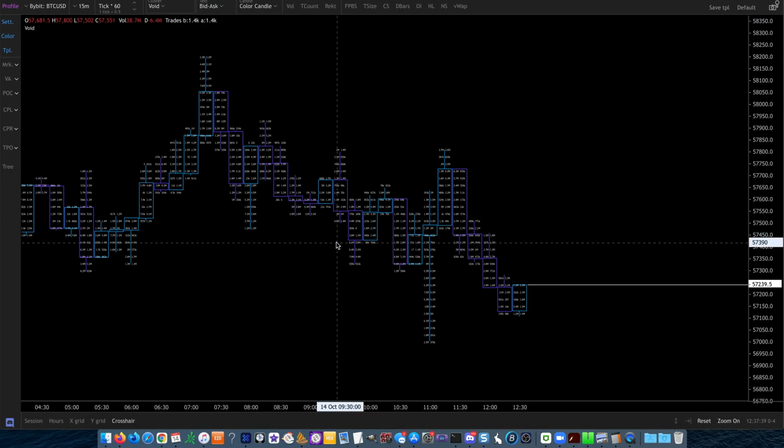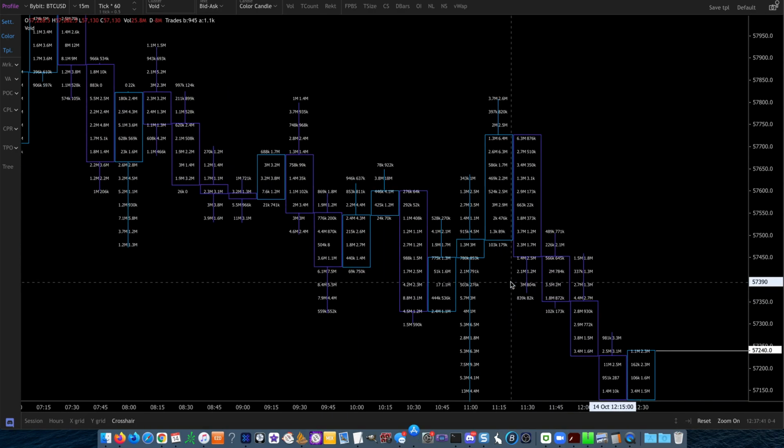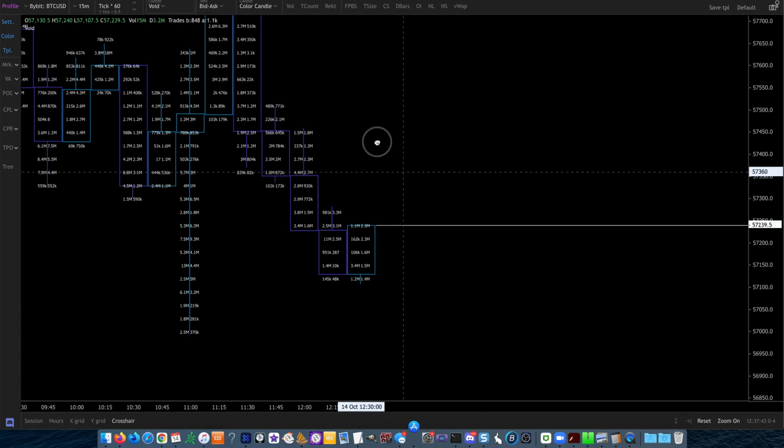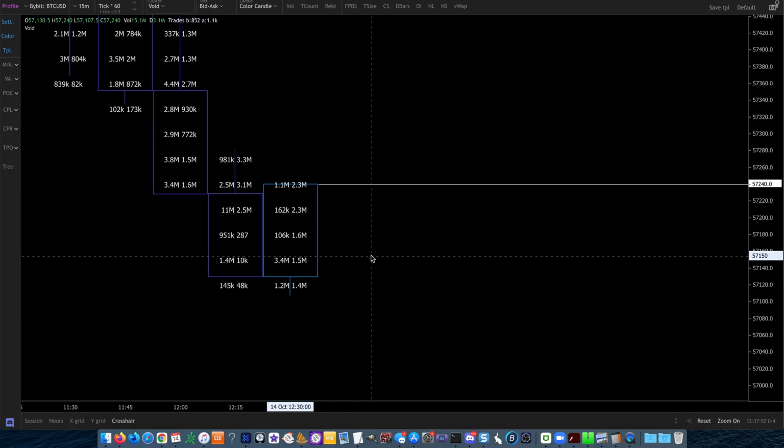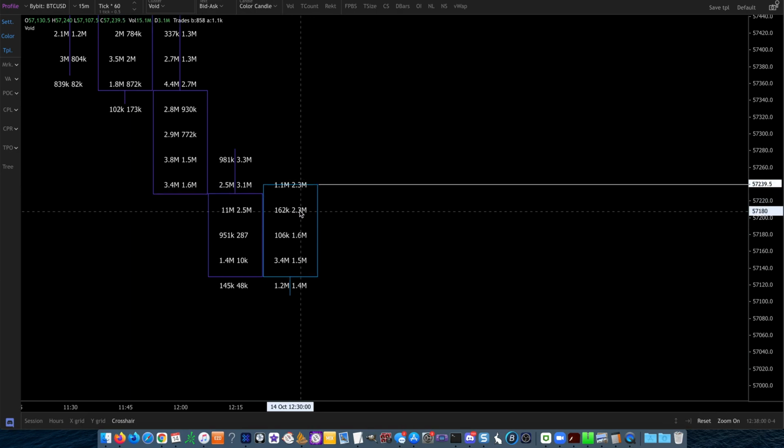What the bid and ask does is basically tell us the bids are sells and the asks are buys. This is telling us how many market sells on the left and market buys on the right came in at each individual price in this candlestick.